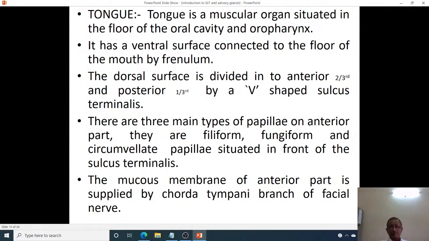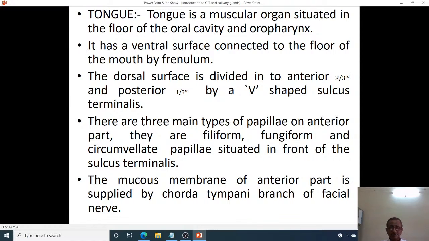The filiform papillae are like bristles and they are used in gripping the food. That means we have to grip the food in order to push it in between the acting teeth. In order to make it into small pieces, the food has to go in between the teeth, and that work is done by the filiform papillae of the tongue.